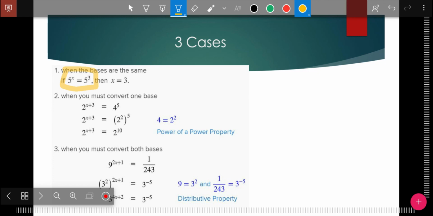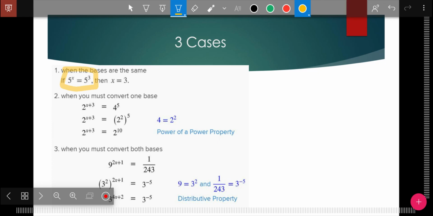Number 2 here says when you must convert one base. So 2 to the power of x plus 3 equals 4 to the power of 5. Well, I want it to be the same base, and 2 and 4 are different numbers. But I know, because I'm a smart human being, that 2 squared is 4.